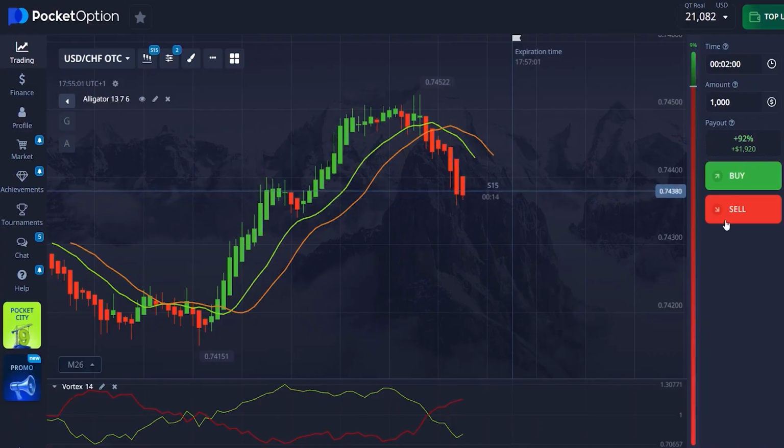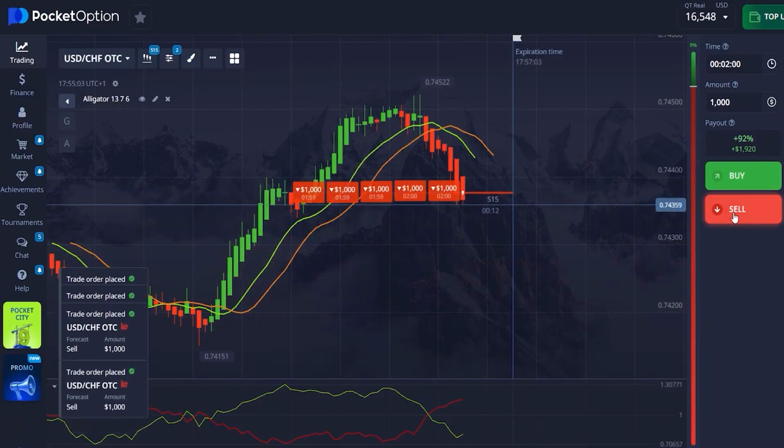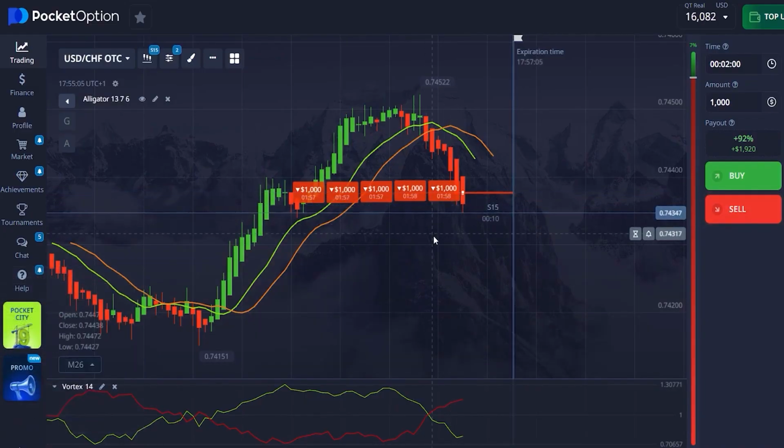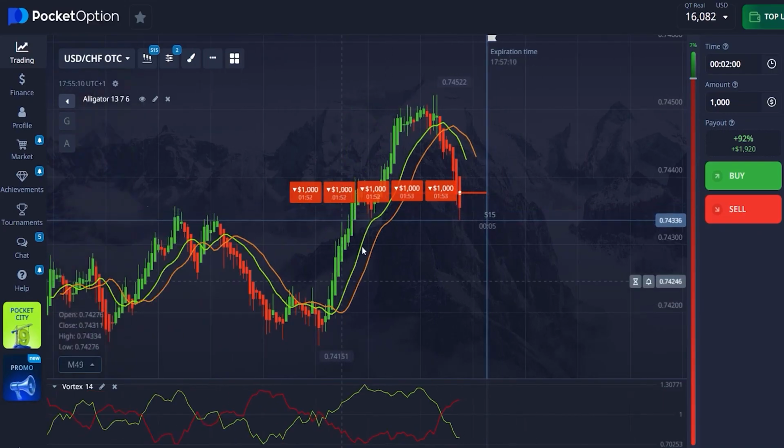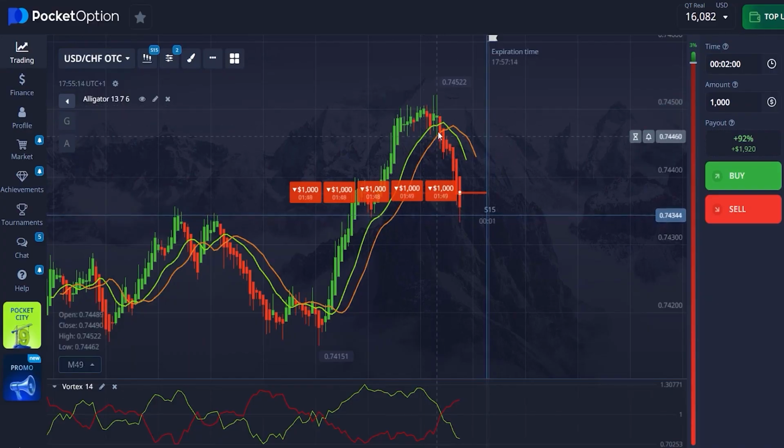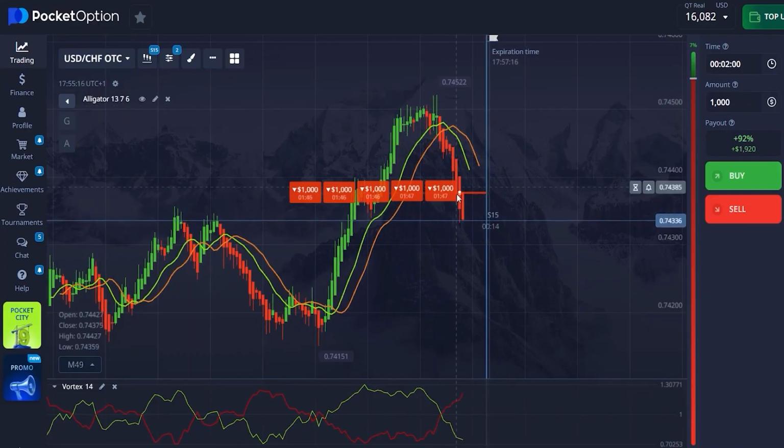So right here I found another opportunity for a down position. The market has moved towards an upside direction, and also I saw a reversal of the market towards a downside direction.